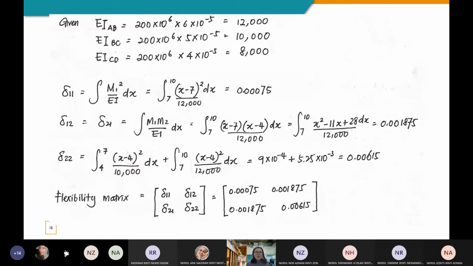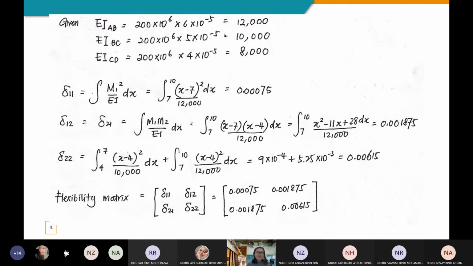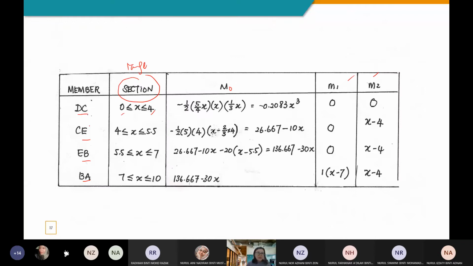You also need to be aware that in this problem, the EI is different. Now we have four cut sections, DC, CE, EB, BA, right? But in this, we have AB, BC, CD, meaning that this is spanning BC. So the EI applied here is EI BC, this is for DC, EI DC, and this is for the EI BA.